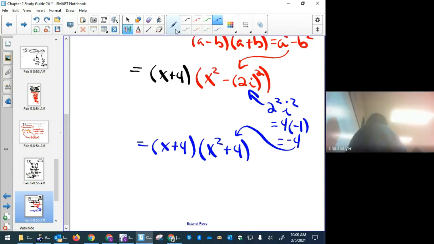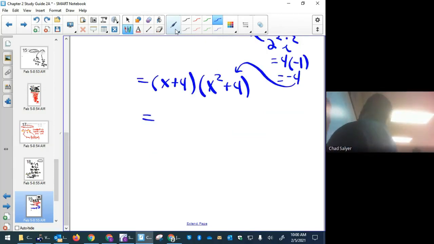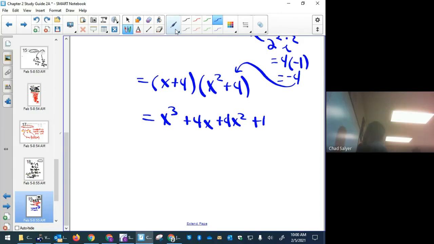Now I can multiply these out. So x times x squared is x cubed, first times first. Outer times outer, plus 4x. Inner times inner, plus 4x squared. Last times last, plus 16. First, outer, inner, last.